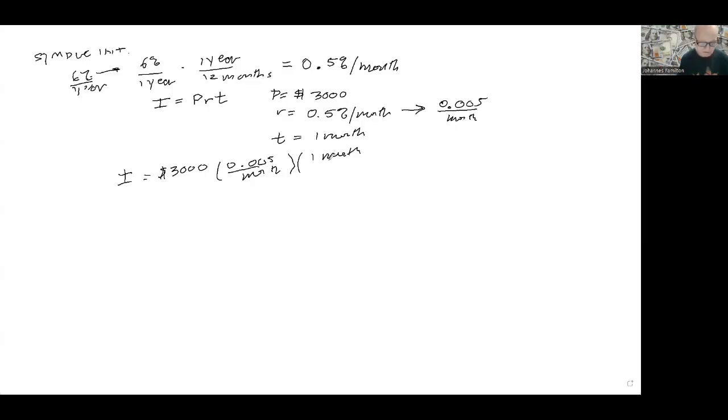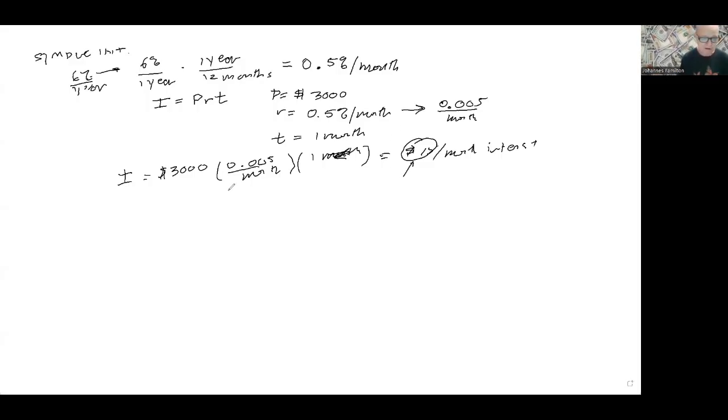Since the time is 1 month, we don't have to write this. So that means we get $15 per month interest. So our interest is $15 over that period of time, and our period of time is really 1 month.